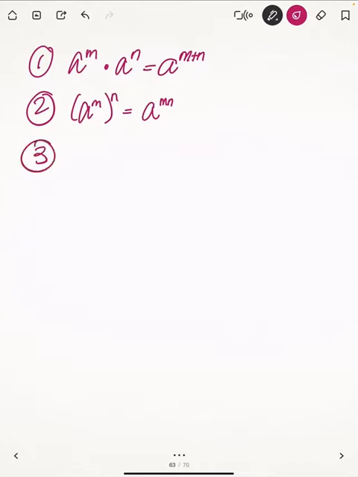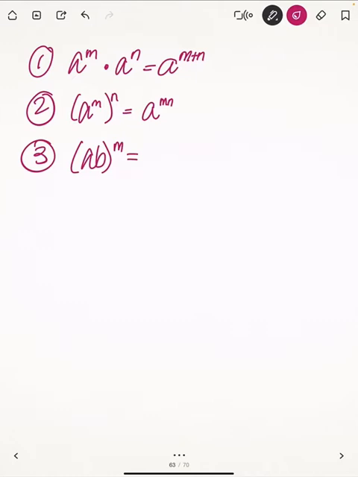The third rule we're going to talk about is what we call the expanding rule. The first 2 rules we condensed. We made two variables become 1, or for rule number 2, we took 2 exponents and made them into 1. Here, we're going to have a times b, all to the m power. This is what we call an expanding one, where we take it and separate the 2.